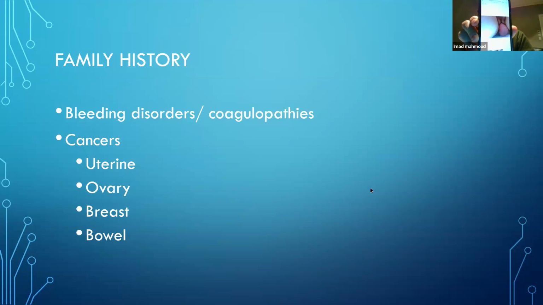Can you see this? Can you see that large mass? Yes. This is prolapse grade 4. So she can't pass urine. The bladder is out of the vagina.